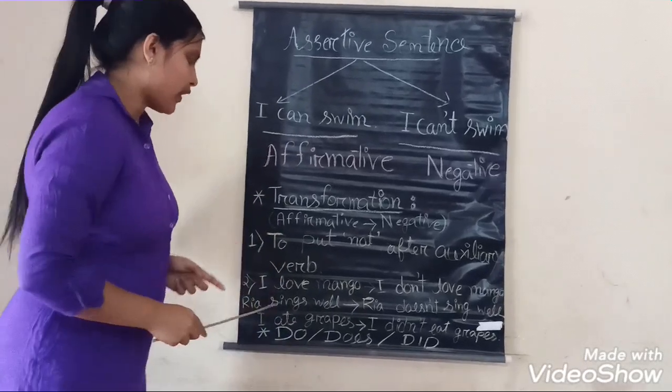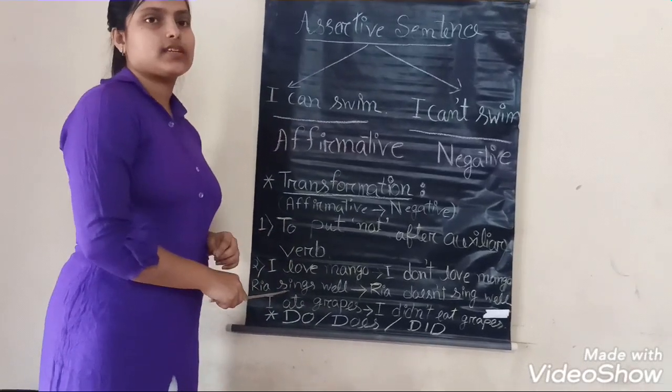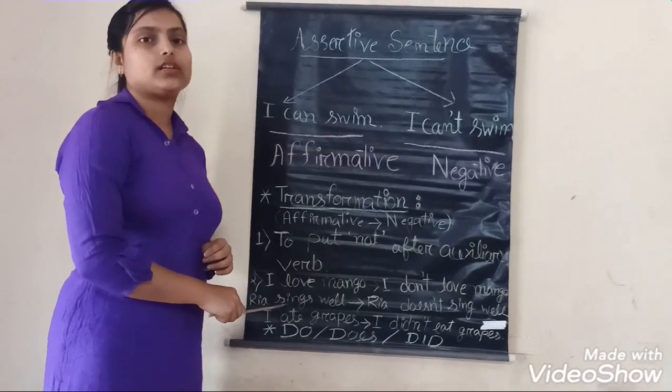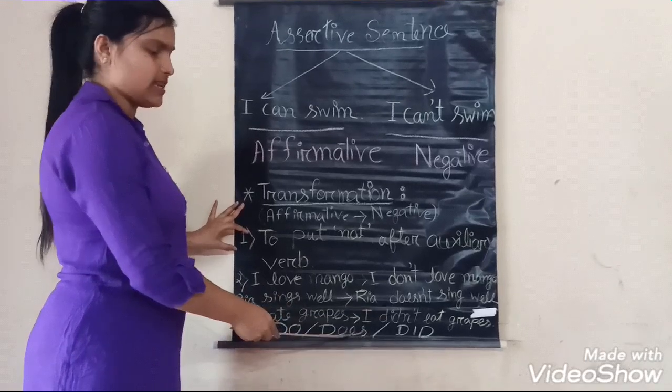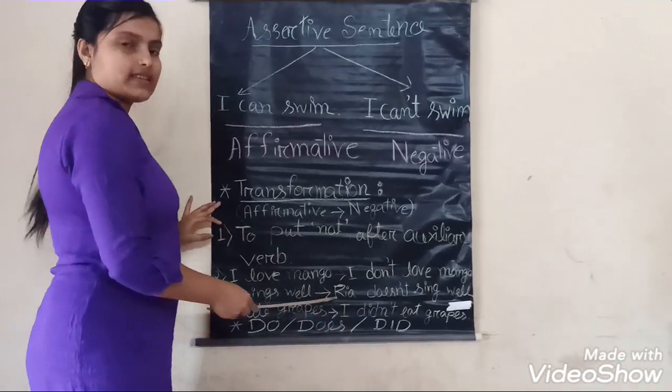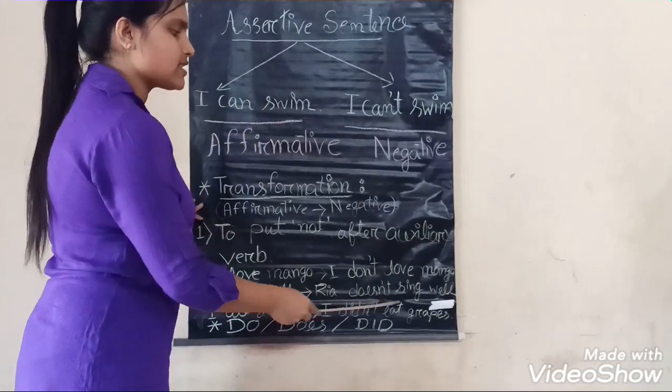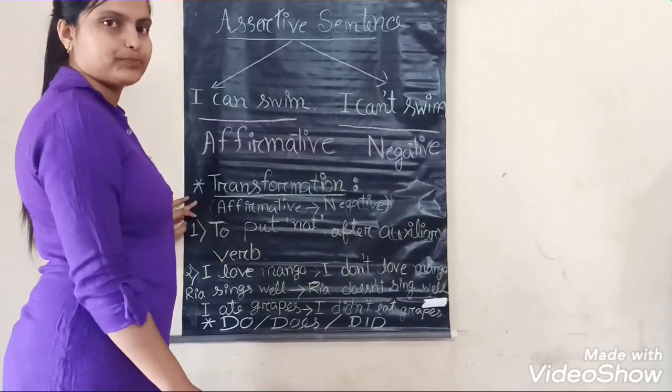Again, if you find that there is an s or es with the main verb, in this case, we can add does. Say for example here, Riya doesn't sing well.